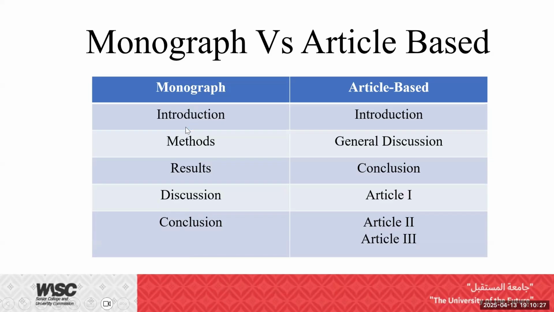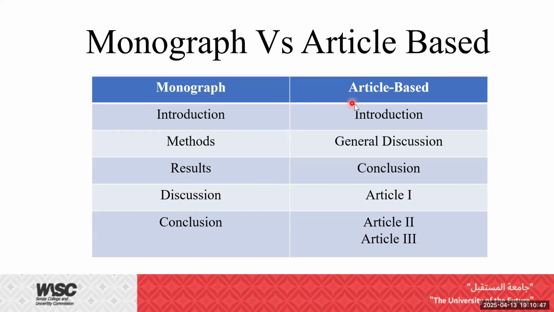The first thing you have to include is an introduction, then followed by the methods section, then results, discussion, and conclusion. And I think this is a typical way of writing your dissertation.